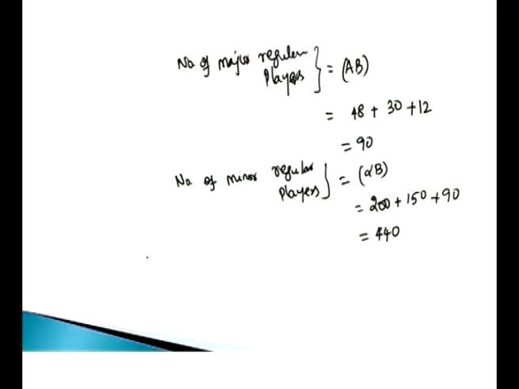Okay. From this information we will get the other class frequencies of order 2. So, A beta is equal to A minus AB, which is equal to 300 minus 90, which is 210.